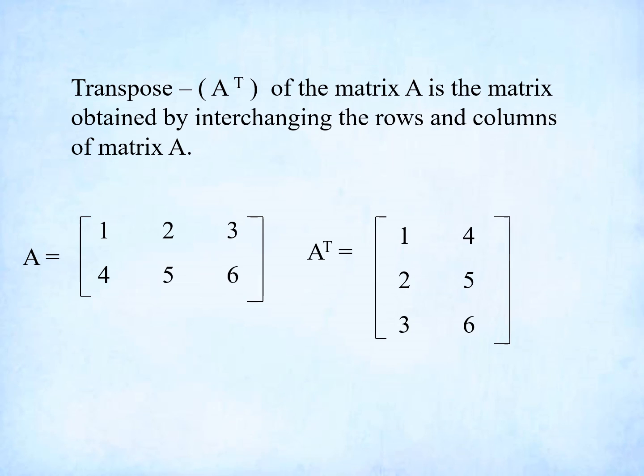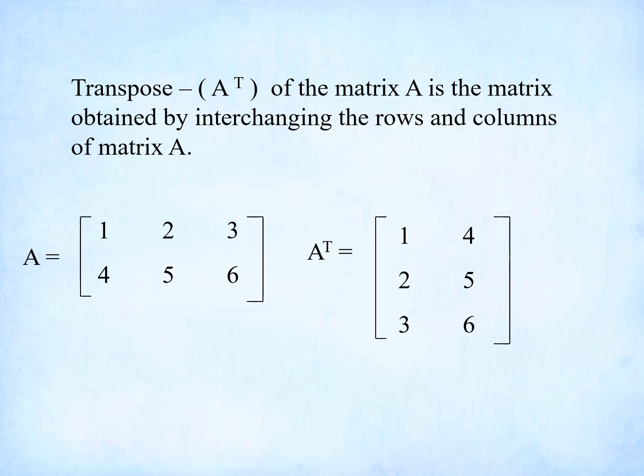So in here, if we have matrix A, which is 1, 2, 3, 4, 5, 6, when we transpose it, it will become A to the T, meaning it is already transposed. In transposition of a matrix, we interchange the rows and columns. So the original row 1, 2, 3 will become the column 1, 2, 3.